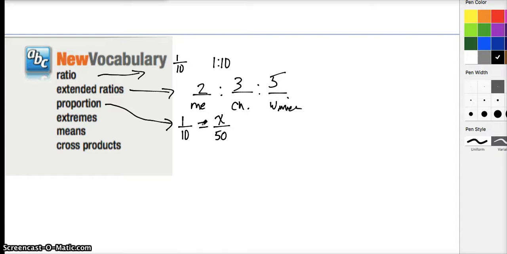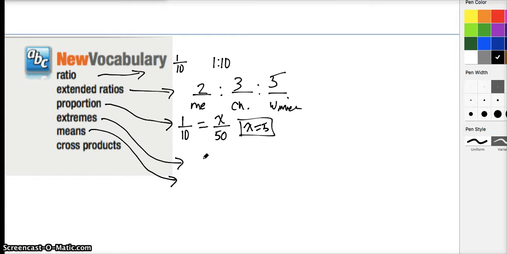And this is a proportion. A proportion literally is when you set 2 ratios equal to one another, and it gives us the power to solve this. Hopefully you guys are looking at this and you're like, clearly you would only make 5, which would be correct. So the idea of extremes and means, and we're going to come to a nice visual of that in a moment.